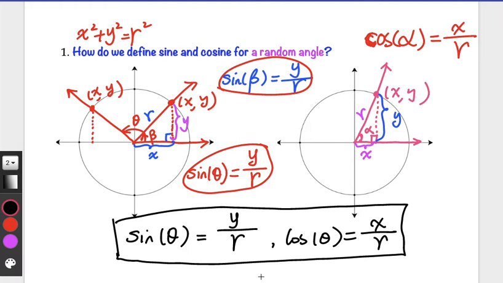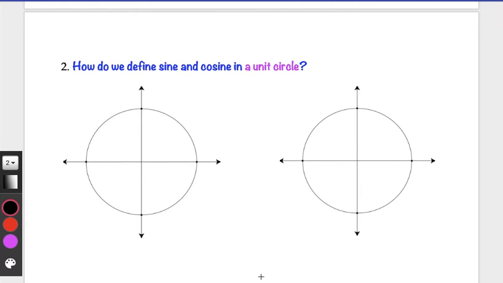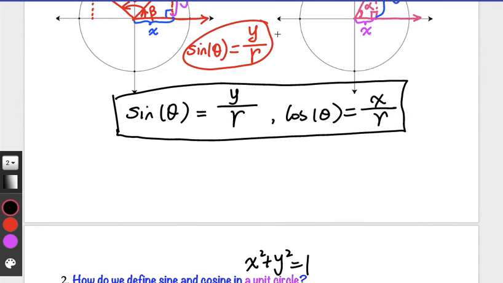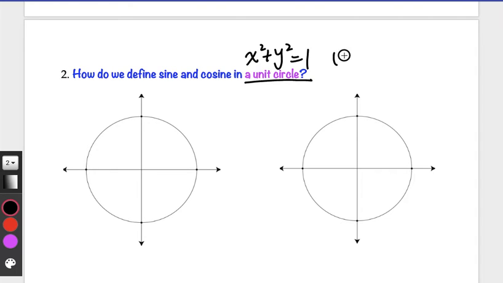So instead of using a random circle, x squared plus y squared equal to r squared, what if I use the unit circle? Do not forget, the very special part is that the equation of the unit circle is x squared plus y squared equal to 1. In this case, the r becomes 1. That's the most important part.